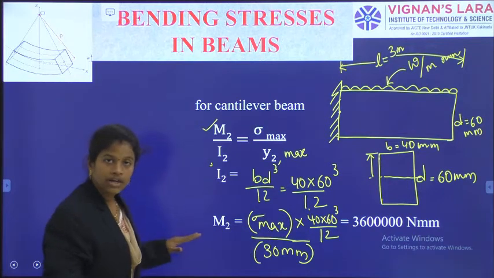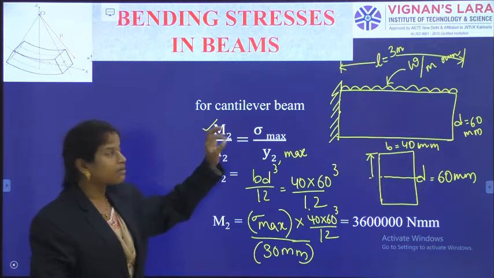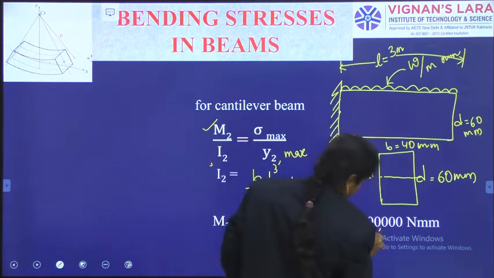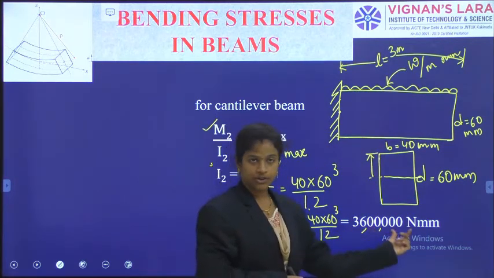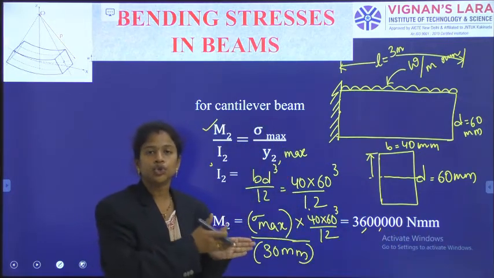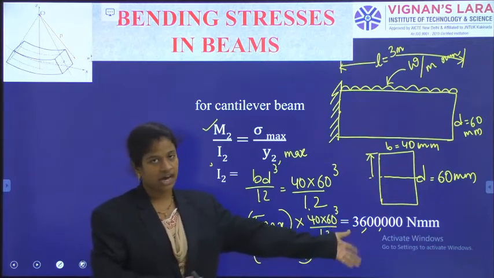Overall, we have got M2, the maximum bending moment occurring onto the cantilever beam, as 36 lakh or 3,600,000 Newton millimeters. Okay, this was in Newton millimeters.